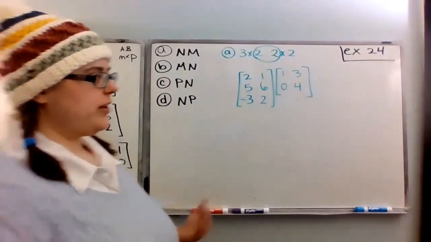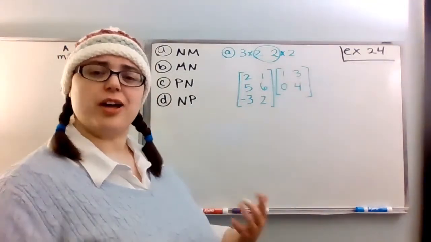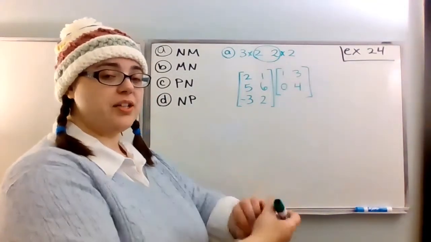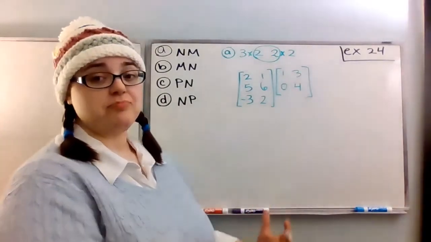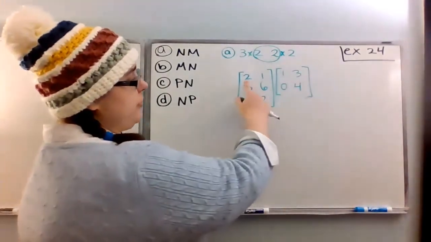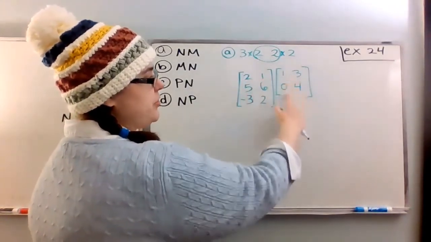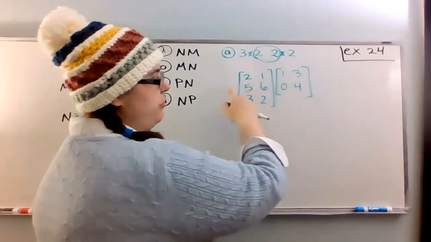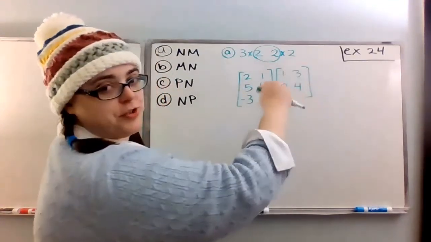Now, you might be wondering, they're not the same, how is this going to match up? Well, remember that because those two middle pieces are the same, the components need to match up. So we have 2 things in this first row, and we have 2 things in this first column. So as we go through rows and columns, we're going to have the same number of entries in each one.